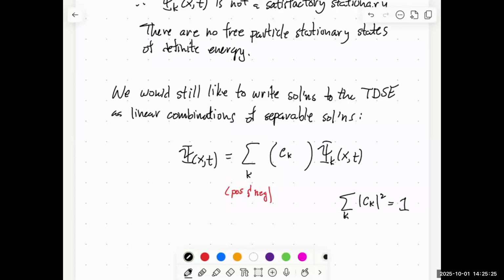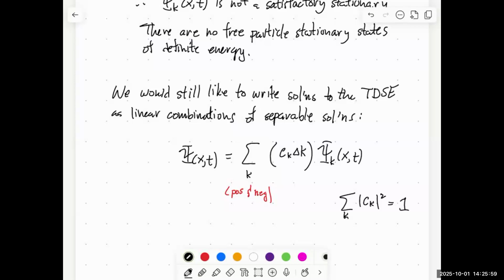If I did that for k continuous, then I'm going to have more and more of these, and they're all positive numbers. So I can't add up an infinite number of these and expect to get 1. So the solution is to say, well, let's scale our Ck's by delta k. If I had a narrow infinite square well where there's big spacing between our k states, then this is some big number, and I scale my coefficients by this.